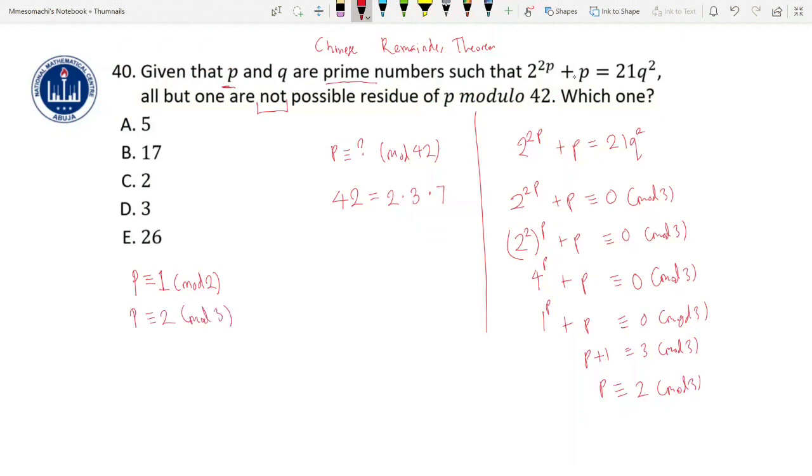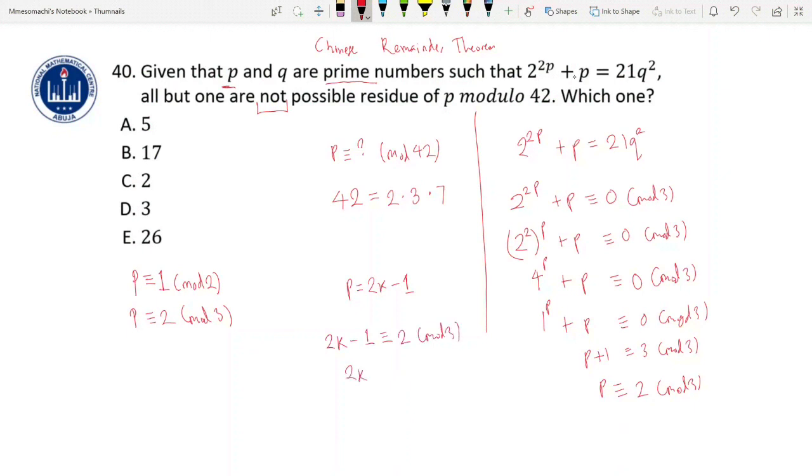Since P is congruent to 1 mod 2, we can let P be equal to 2k minus 1 for some positive integer k. Now we have that P is congruent to 2 mod 3, so 2k minus 1 is congruent to 2 mod 3.